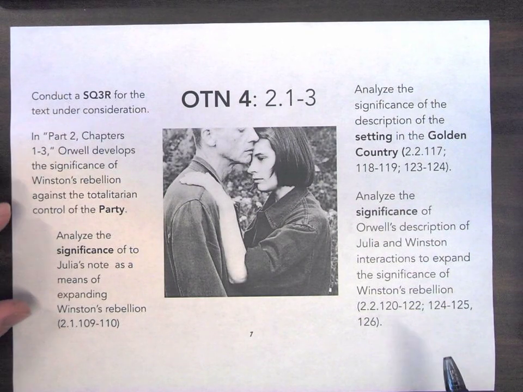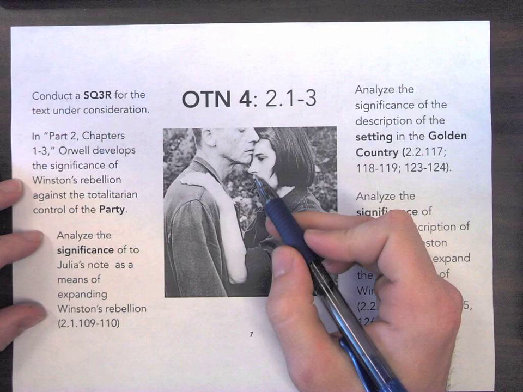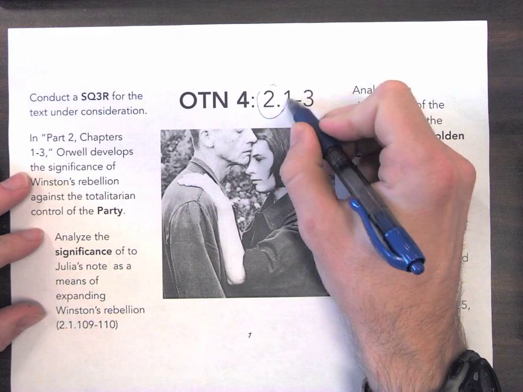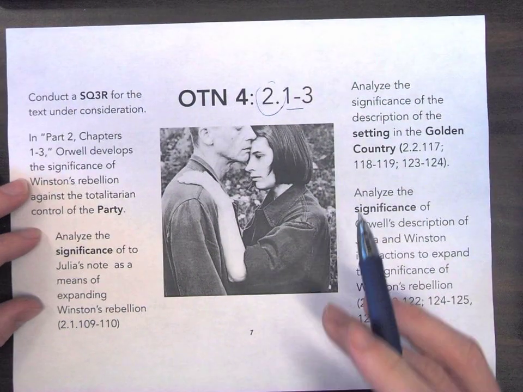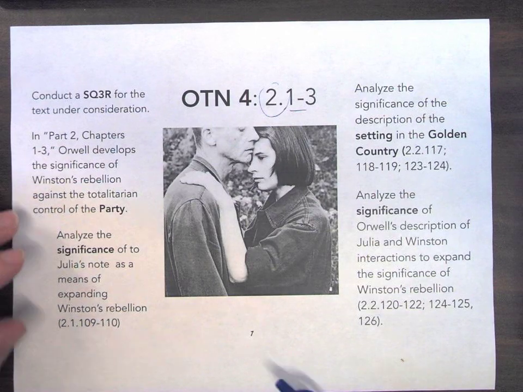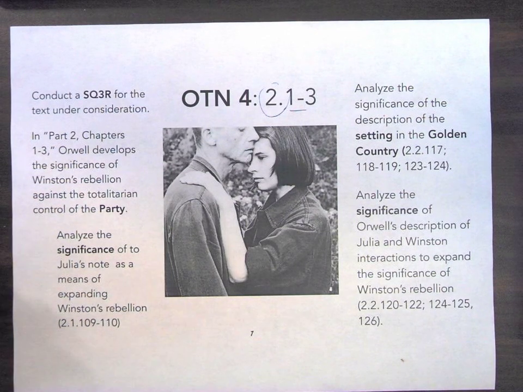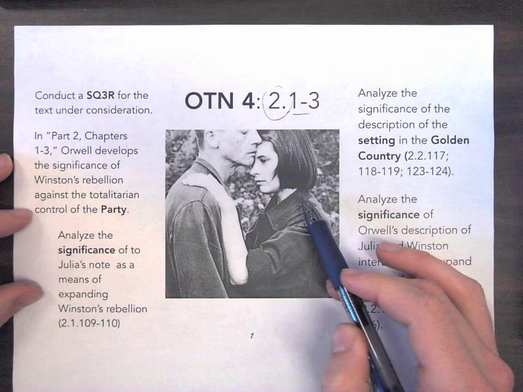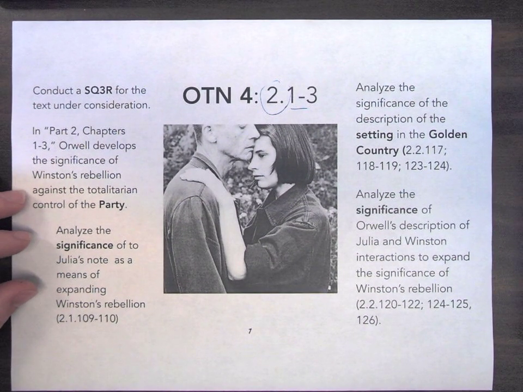So our fourth OTN analyzes Part 2, Chapters 1 through 3. Here in the center of the slide, we've got a picture from one of the movie renderings of 1984, in which Winston and Julia are together in the Golden Country.